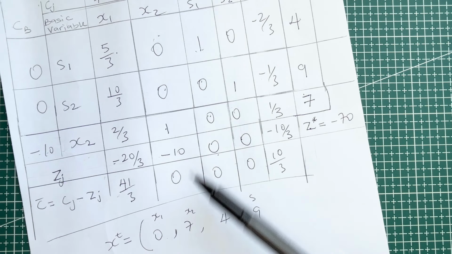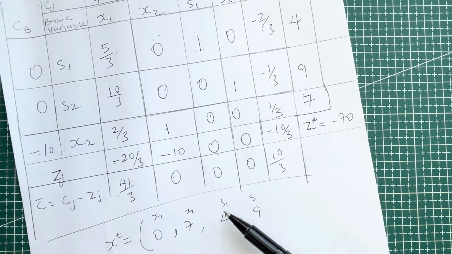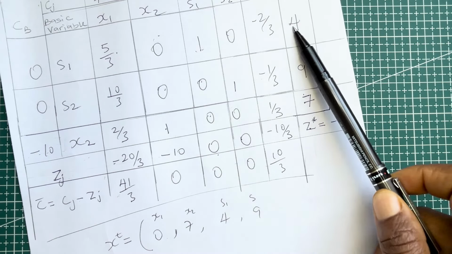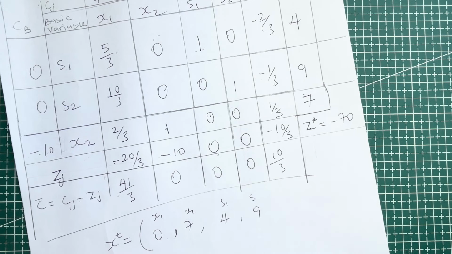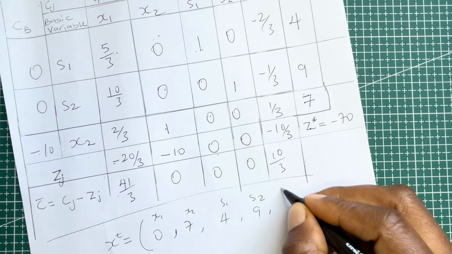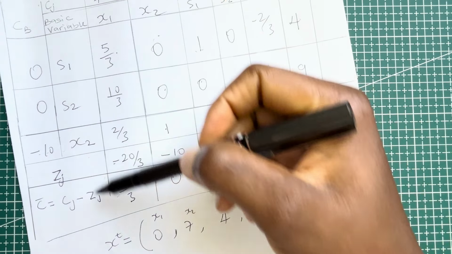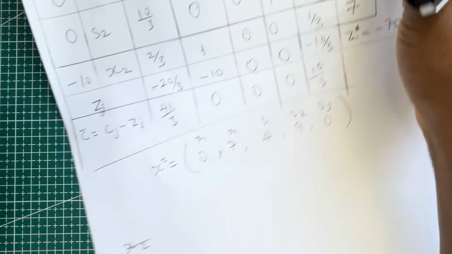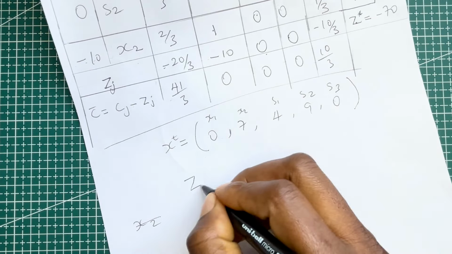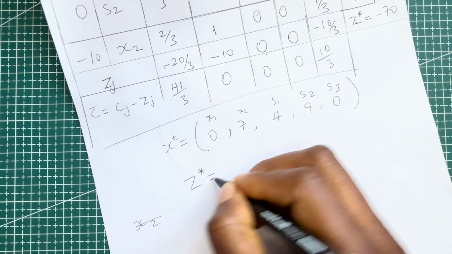For x2, we have 7, which is this. For x1, we have 4, which is this. For x2, we have 9, which is this. This is our x2. For x3, there's no value for x3, therefore we put 0. So from our X transpose, we get our optimal solution, which is the zeta.